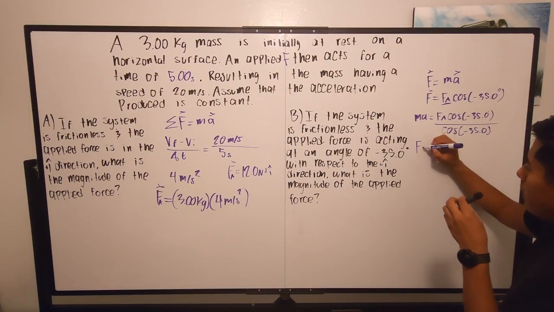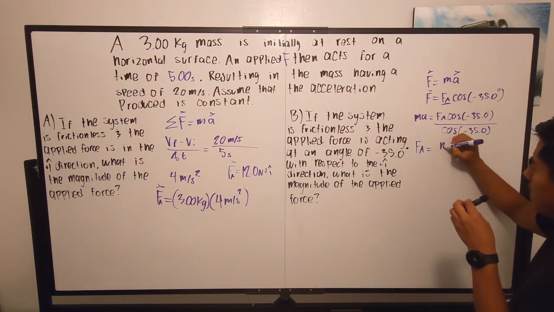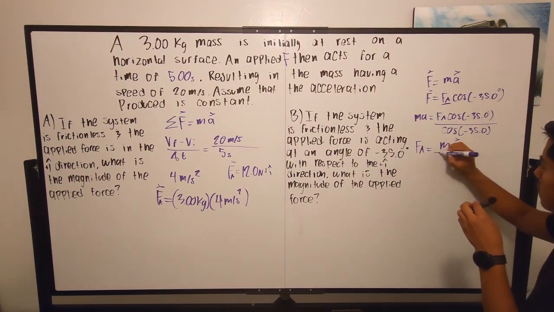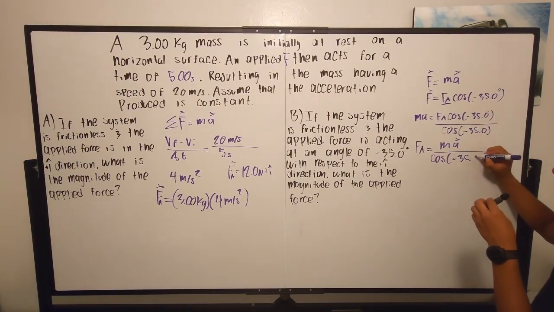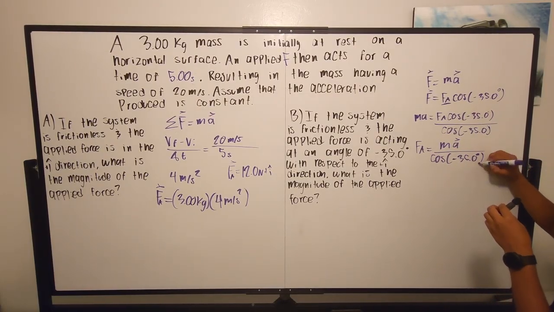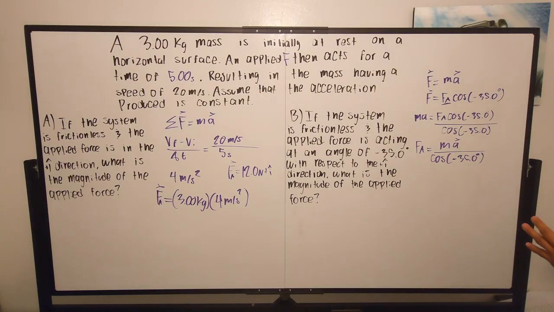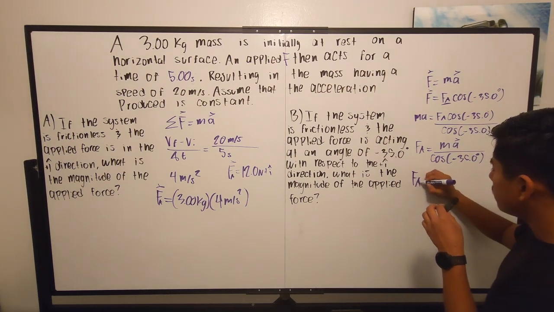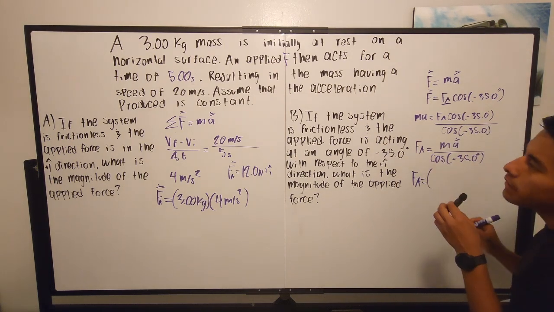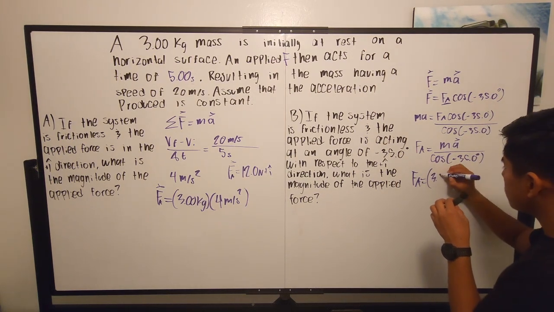So now we're going to have that the force applied equals the mass times the acceleration all over the cosine of negative 35 degrees. Now here we have all these variables. We know everything in here, so we can just go ahead and write it all down. So the force applied is equal to the mass, which is 3 kilograms.